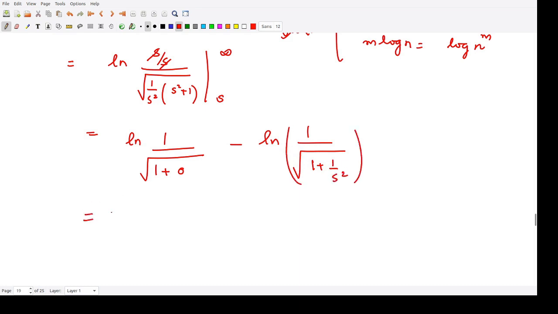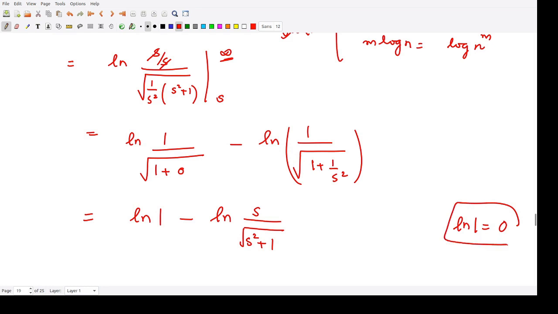So from here we get log of 1, and from the lower limit you can rearrange it, so you will again have the term log of s divided by square root of s square plus 1. This step is required because you cannot directly substitute the limit tending to infinity. So you have to first divide by s in order to substitute this limit.